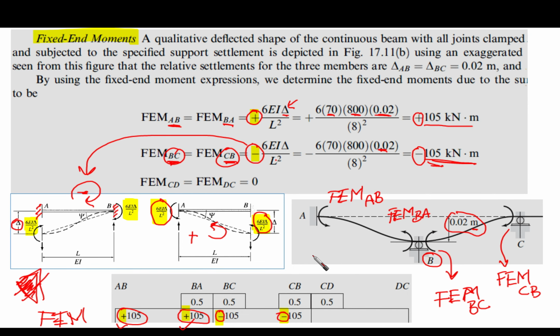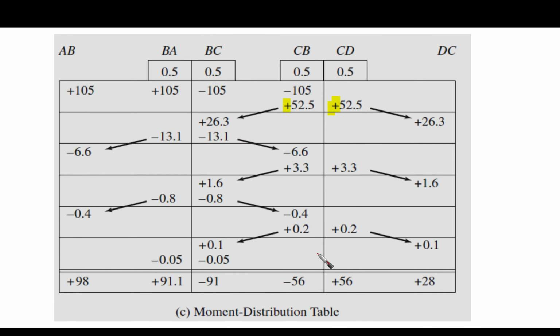Now the next step is the most common moment distribution procedure. We already have the distribution factors and the fixed end moments. Then we are going to use our typical method, which is balancing the joints.